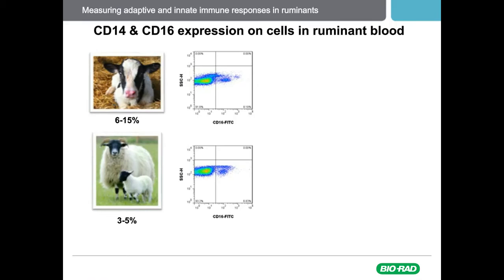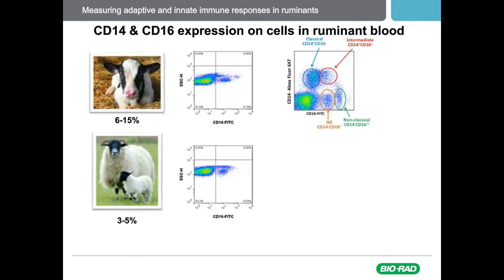When we look at the CD16 staining, you can see that there are distinct populations based on side scatter and CD16 expression, and the population that does look different between cattle and sheep is that there is certainly a higher proportion of CD16 high positive cells in cattle.